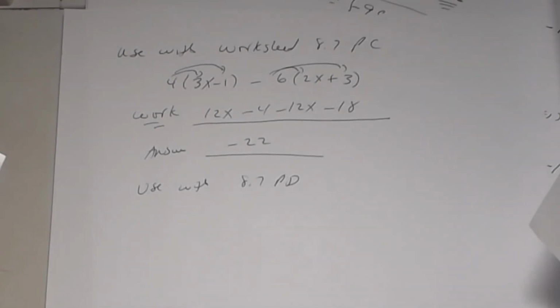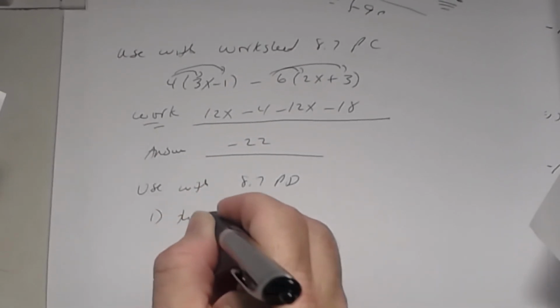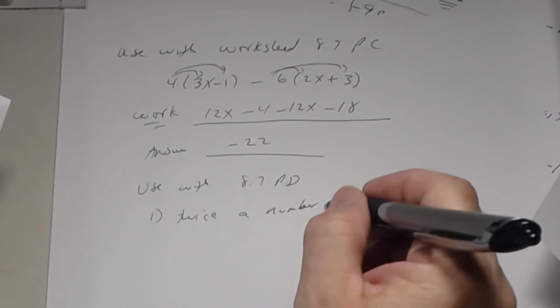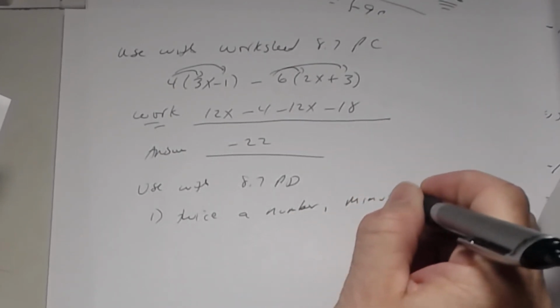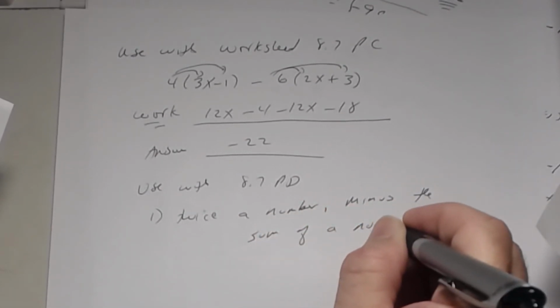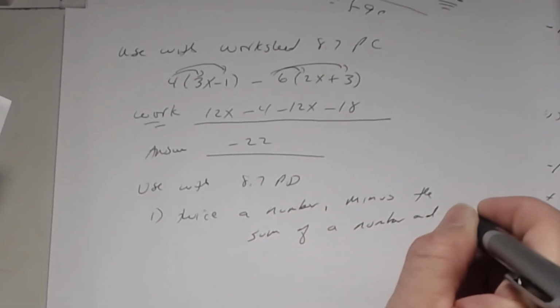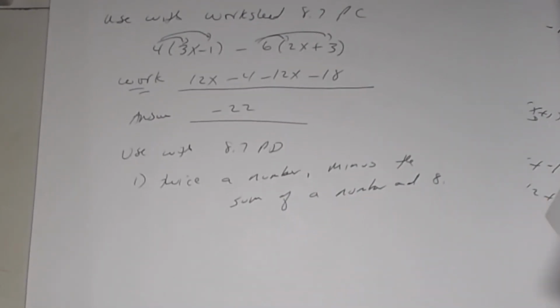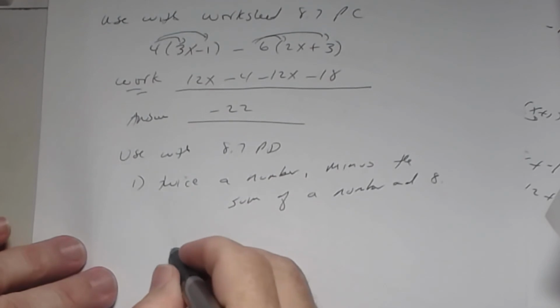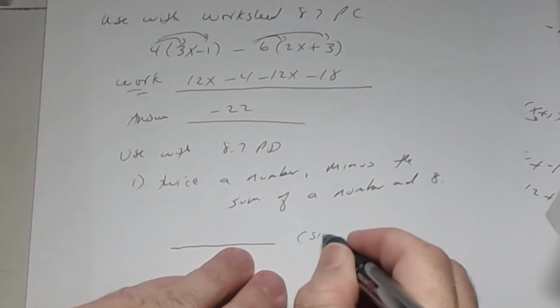Suppose we had twice a number, comma, minus the sum of a number and 8. So twice a number, comma, minus the sum of a number and 8. And it is going to say this. On the worksheet, it'll say a blank, simplified answer.